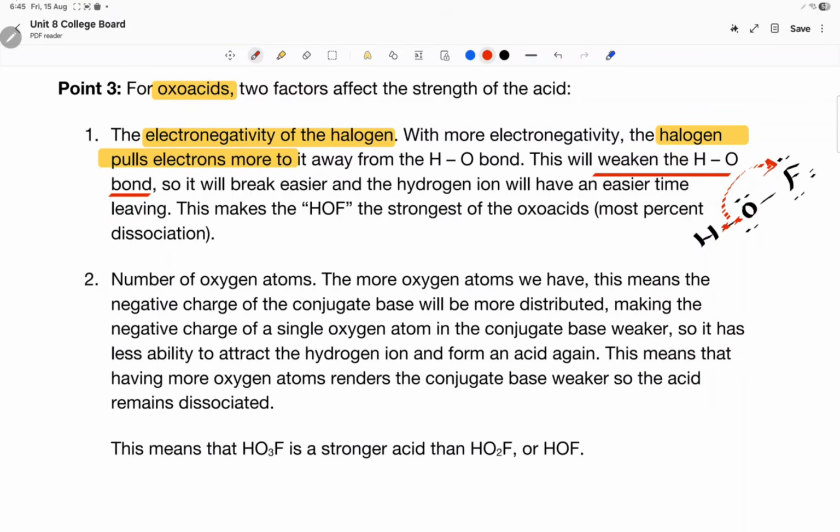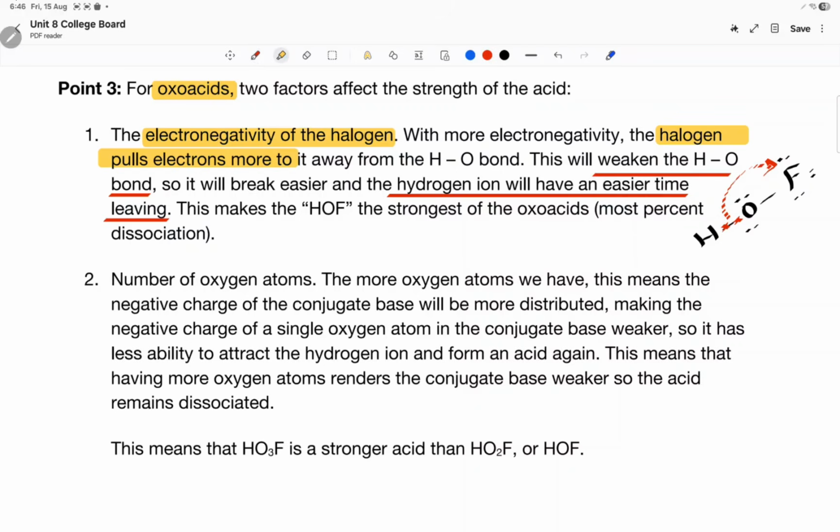The bond will break easier, and if the bond breaks easier, the H plus will be released easier. That's why HOF is the strongest of the oxoacids. That's why it's going to have the most percent dissociation. The HO bond has the easiest time breaking. H plus leaves, you have an acid.